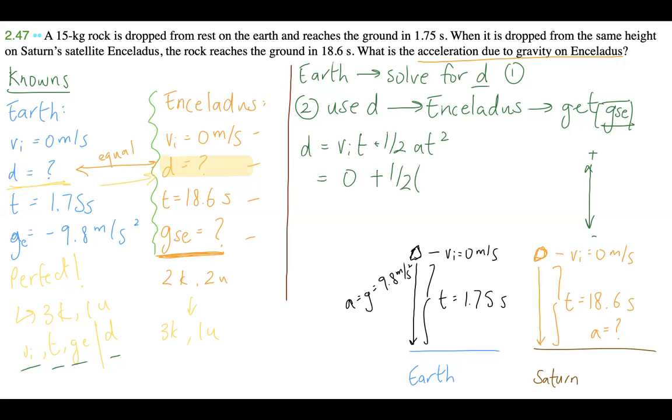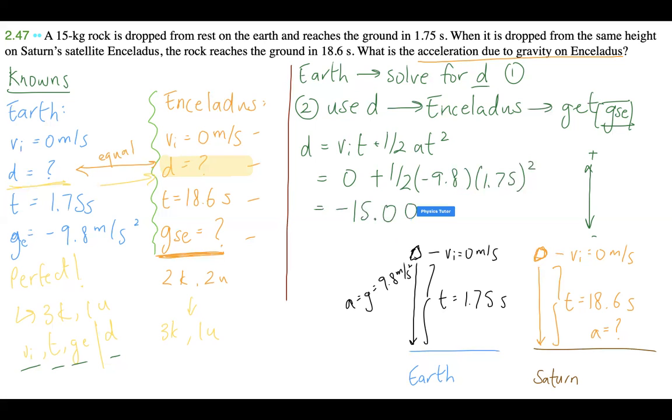A is going to be minus 9.8, and then T is 1.75 squared. I'm going to plug that in with my calculator just to double check my work. 0.5 times minus 9.8 times 1.75 squared. And I am getting minus 15.00.